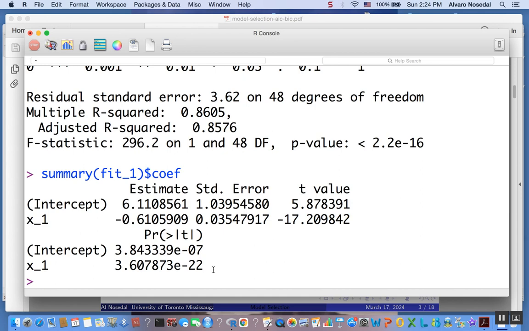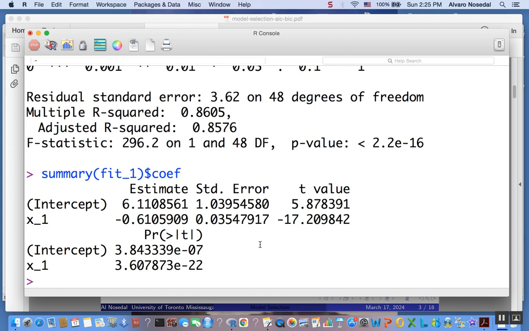In this case, we already knew that. When we did the simulation, we knew the true value of that beta 1 parameter, negative 0.5. Remember? Okay. So, using this approach, a t-test, that gives you overwhelming evidence that beta 1 is different from 0.